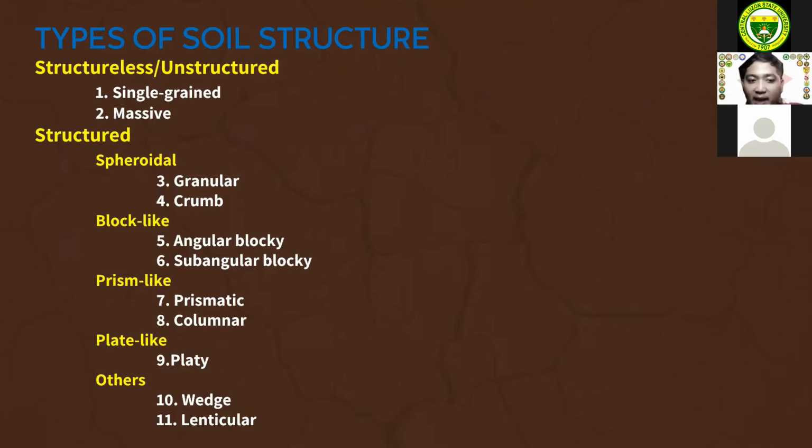Then we have the block-like soil structure, which is angular blocky and subangular blocky. Then we also have the prism-like structure, which is divided also into two: prismatic and columnar. Then we have also platelike or yung platy natin. Then other soil structures, we have what we call the wedge and lenticular.